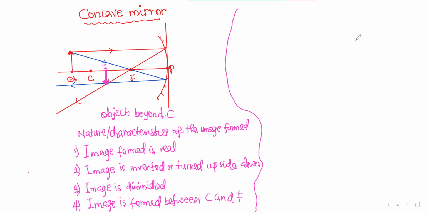Okay, so let's look at another location. Draw a small aperture, indicate the pole, and rule a vertical line behind it.